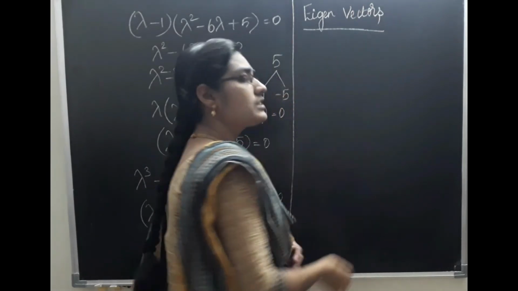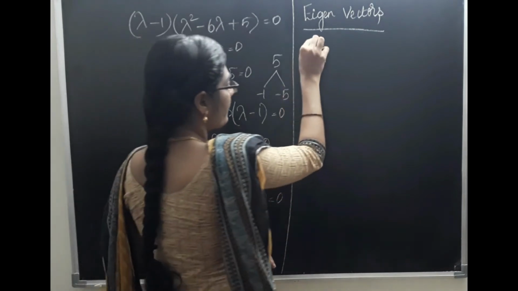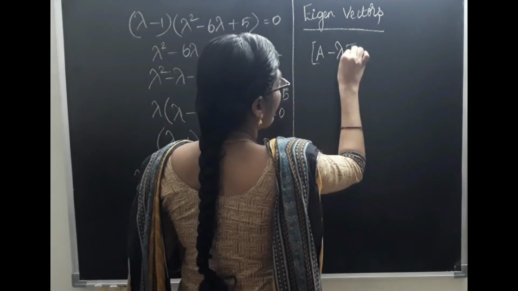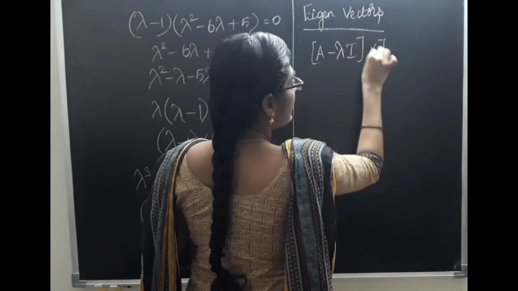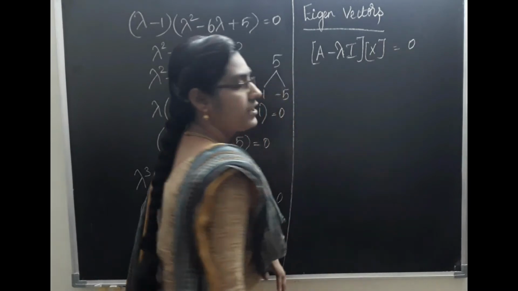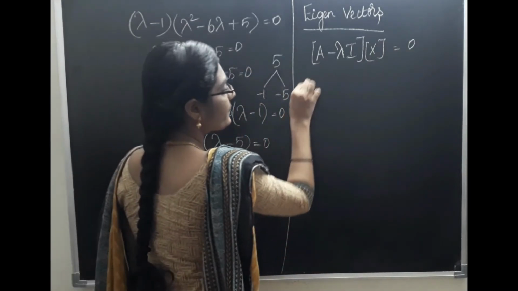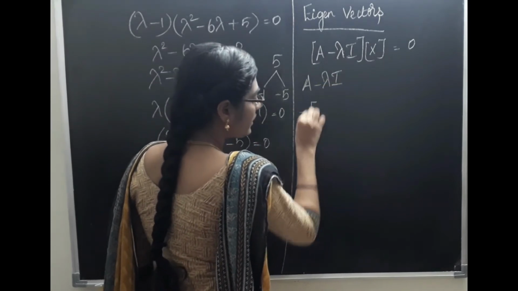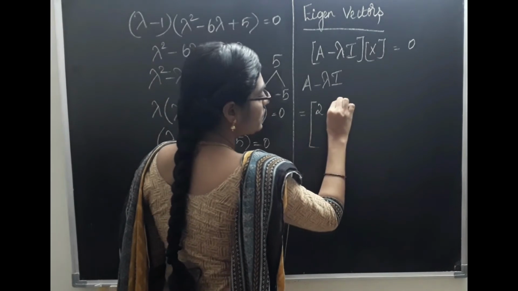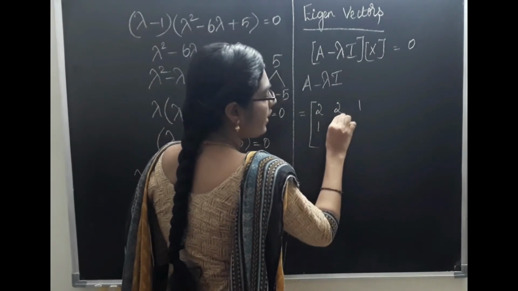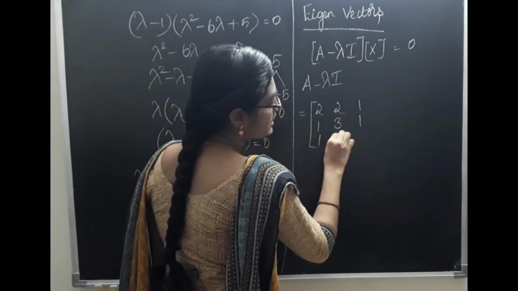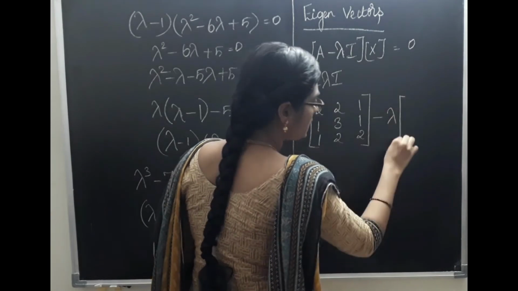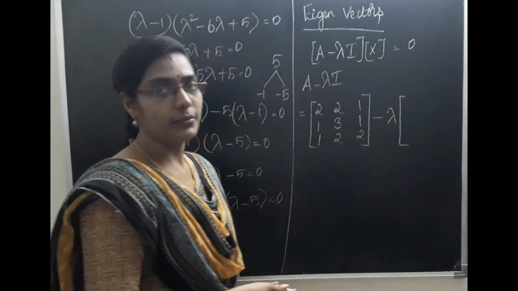For finding eigenvectors, we need to frame the equation A minus lambda I into x is equal to 0. First let me find A minus lambda I. It is given by: write the given matrix 2, 2, 1, 1, 3, 1, 1, 2, 2, minus lambda into I, which stands for the identity matrix.